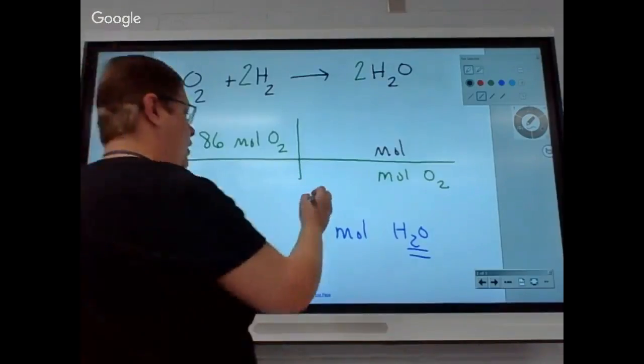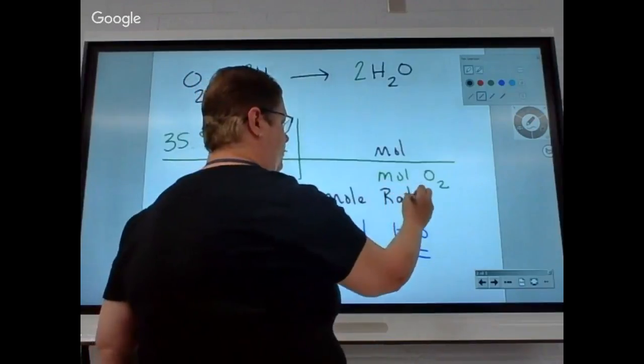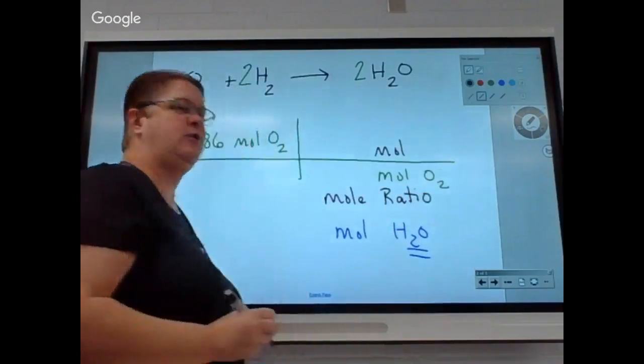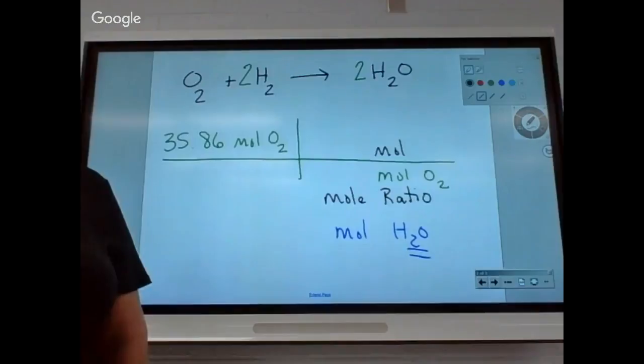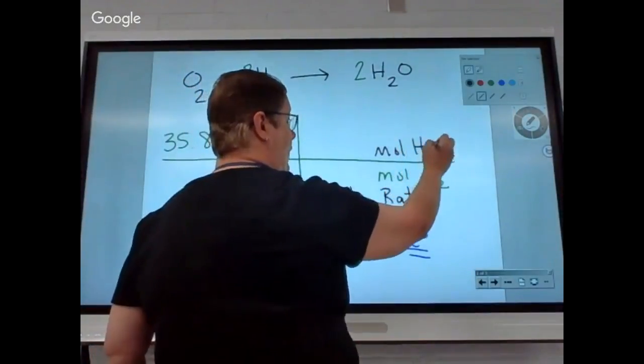It's called a mole ratio. Now, a mole ratio's purpose is to do what? To change the compound. So what compound are we going to put on the top line? Which one did they ask us to go to in the question? They want water. So we're going to put moles of water on the top line.